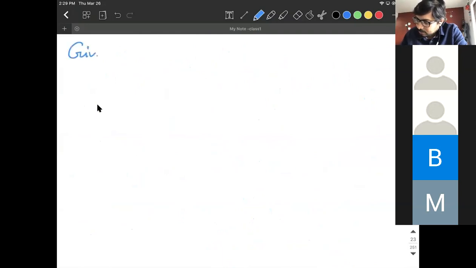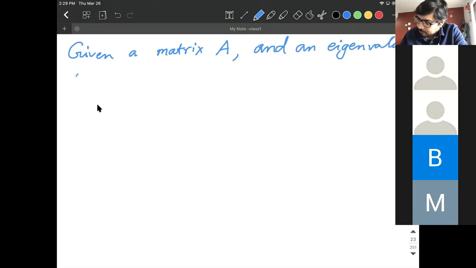So given a matrix A and an eigenvalue lambda, I don't know if I have already defined it.